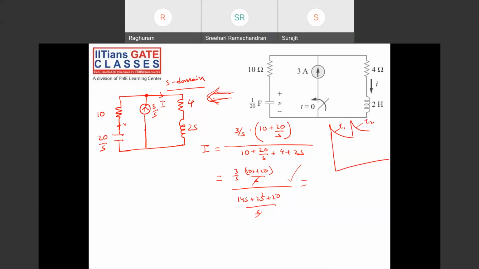In this method also, by factorizing the denominator we get two S terms, so in the time domain we will get two exponential terms, two time constants. Exactly.